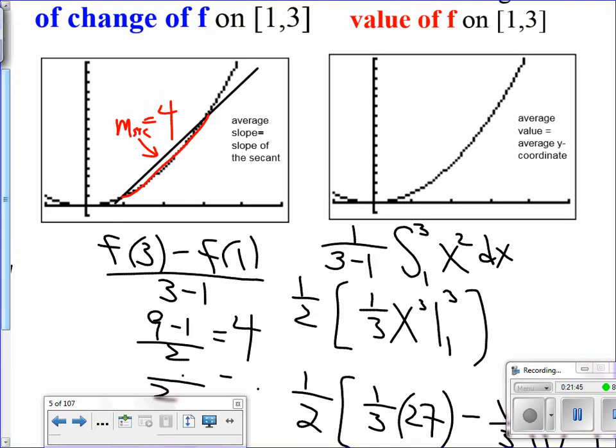That means that if I drew a rectangle from x equals 1 to x equals 3, and I made the height 4 1/3, a little higher than 4, this rectangle would have the same area as the area under the curve from 1 to 3. So it should have the same area as all this.